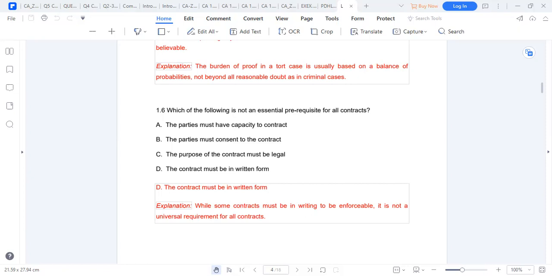The second one, parties must consent to the contract, is true because consent is a very critical element in valid contracts. To consent means both parties must be willing; they must be voluntarily in the contract. This is very essential because the genuine offer and acceptance must be free from fraud and misrepresentation. There must be consent. The contract must be legal. Yes, a contract must be legal.